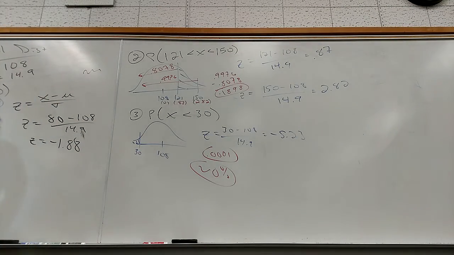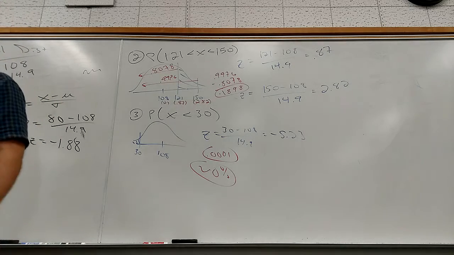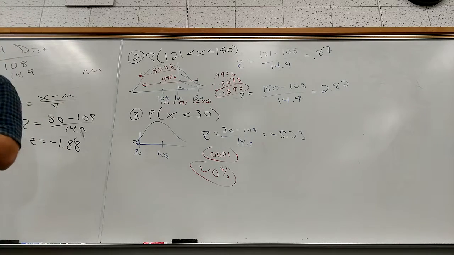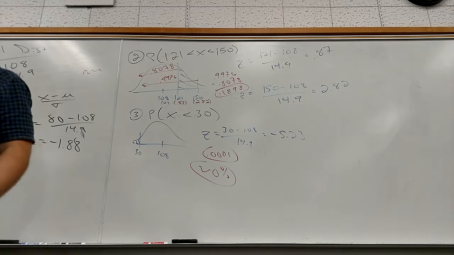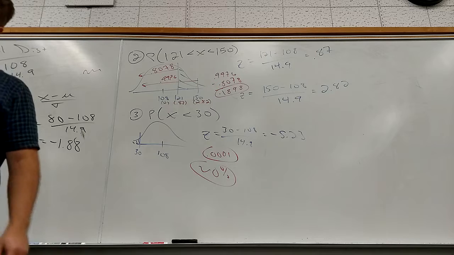So how would you find the percentage without the chart? Oh, you'd have to use technology. Yeah. So I understand, the chart goes to only 2 places for z-scores, so it skips a lot of things and it's not as precise, but I still think using the chart, you get a better feel for things and you learn more.